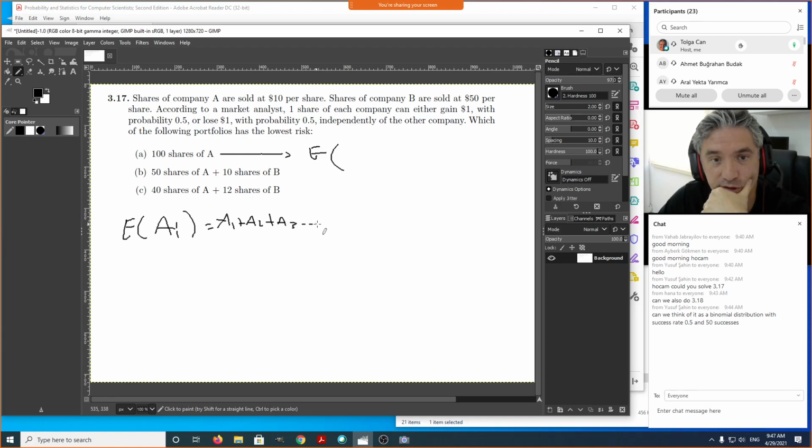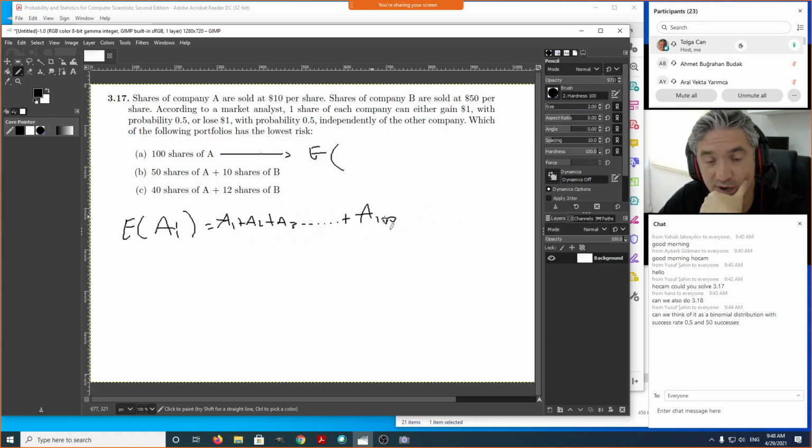Each share is independent. One share of each company can either gain or lose, but this is basically the summation we have when we buy 100 shares of this one. Summation of all these things, okay?